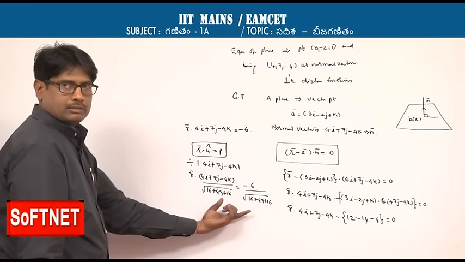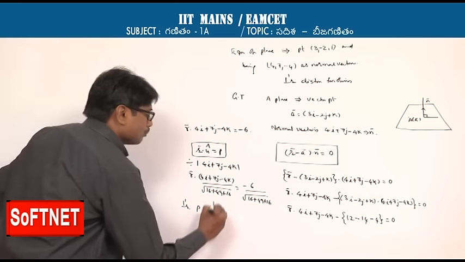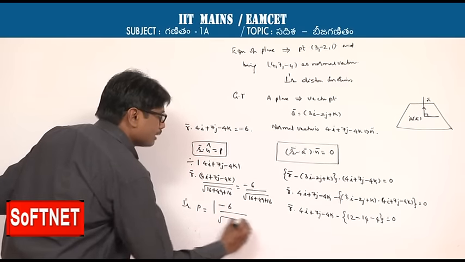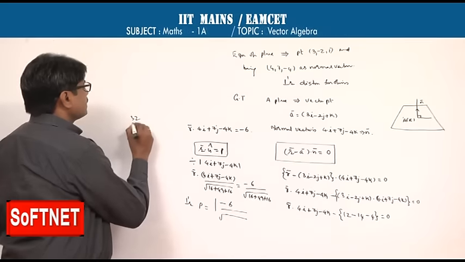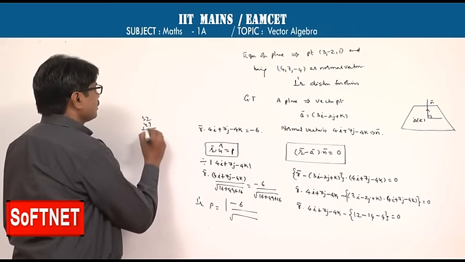Perpendicular distance cannot be negative, therefore the perpendicular distance p is equal to the modulus of minus 6 divided by root over 32 plus 49, which is 81.